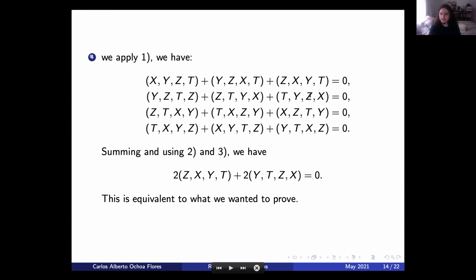Because we can permute this one and this one, and we obtain a minus sign. We can permute this one and this one, and we obtain a minus sign. And so we have a positive sign, and then we change this pair and this pair. Or we can first change the pair and then permute 2 times. So this one and this one are the same, hence the 2. And similarly with this one and this one, right?